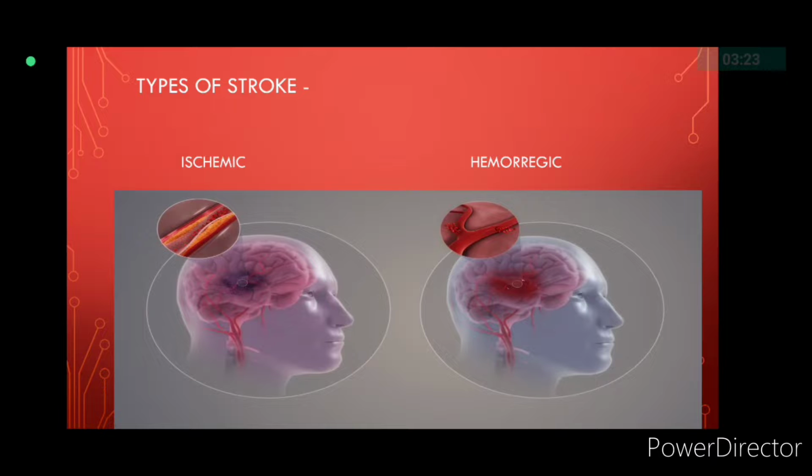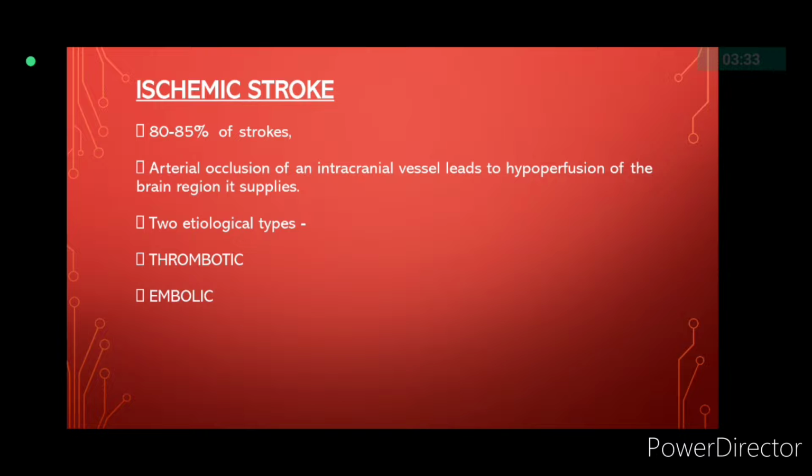Types of stroke. There are mainly two types of stroke: ischemic and hemorrhagic. Let's discuss ischemic stroke. First point, 80 to 85% of the strokes.